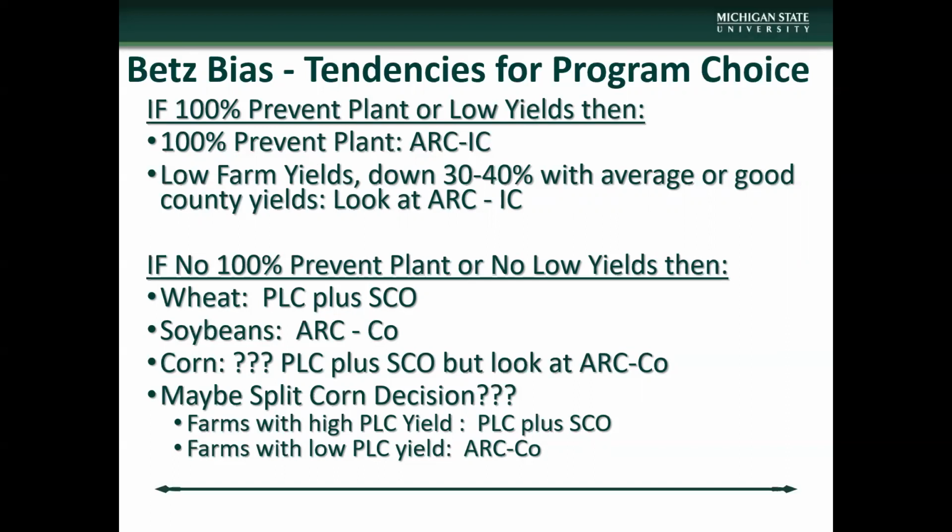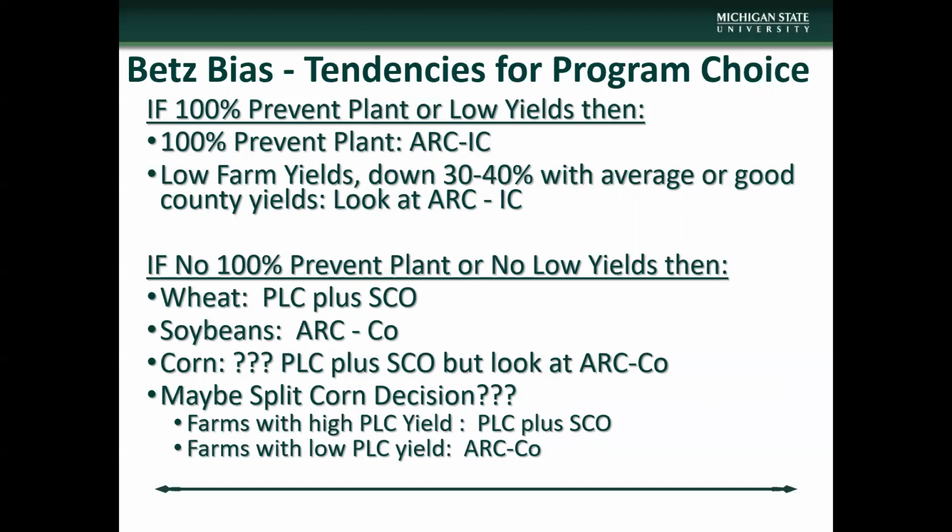For wheat, the prices are so low right now that we can be pretty confident that PLC is the right program option for you. For soybeans, the prices are just not very near the statutory reference prices, which we'll talk about what that means in a later video, which suggests that because we've had a pretty rough year in terms of yields, ARC County is probably going to be the right program for you.